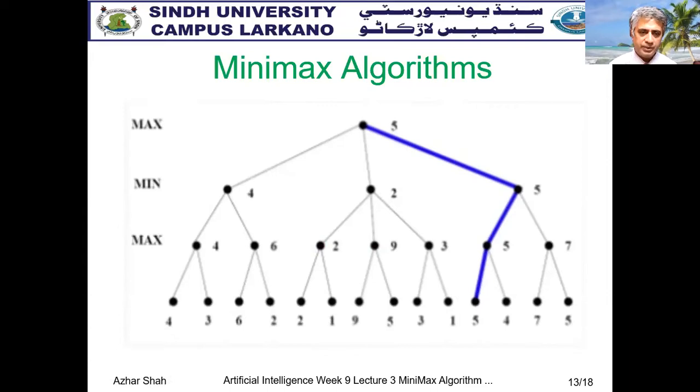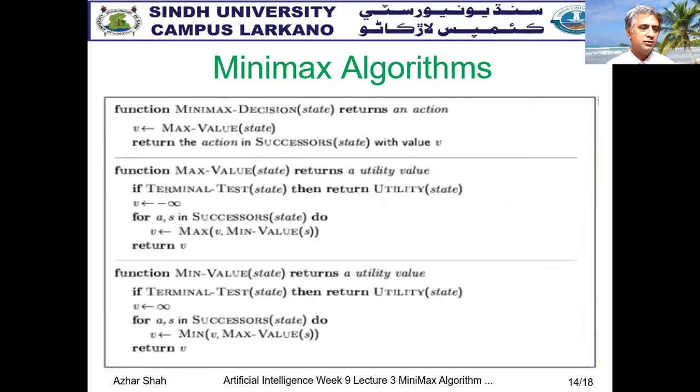So this is the operation, what goes behind the scene, how this would be carried out mathematically or computationally. This is the pseudocode representation of the algorithm for the minimax steps. There are three functions.